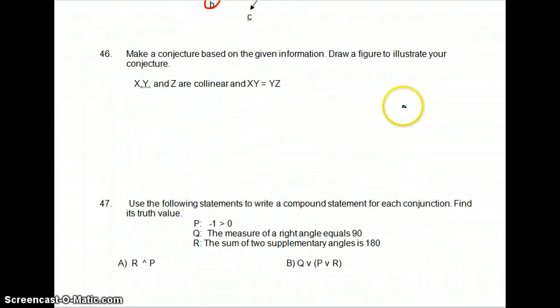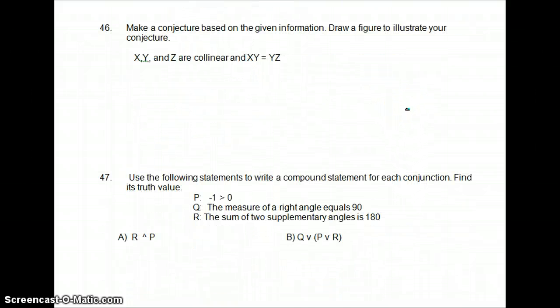46. Make a conjecture based on the given information. Draw a figure to illustrate your conjecture. X, Y, and Z are collinear, and XY equals YZ. So X, Y, and Z are on the same line. And Y has to be in the middle. And we know XY is equal to YZ.